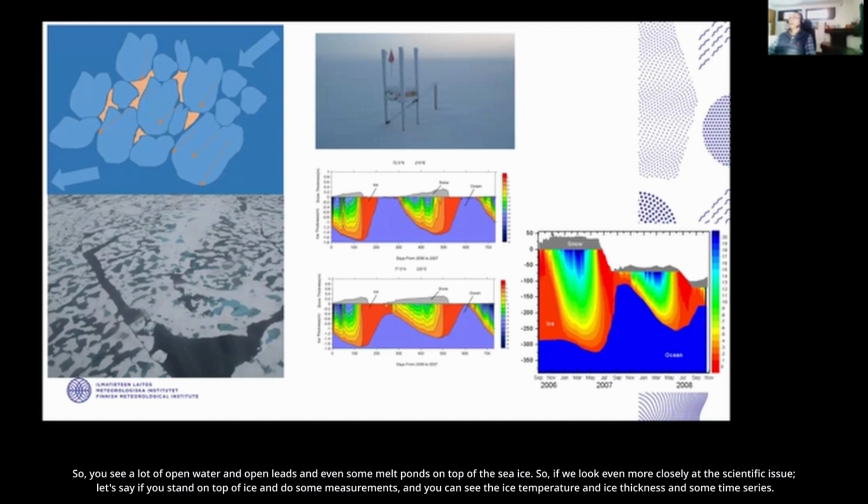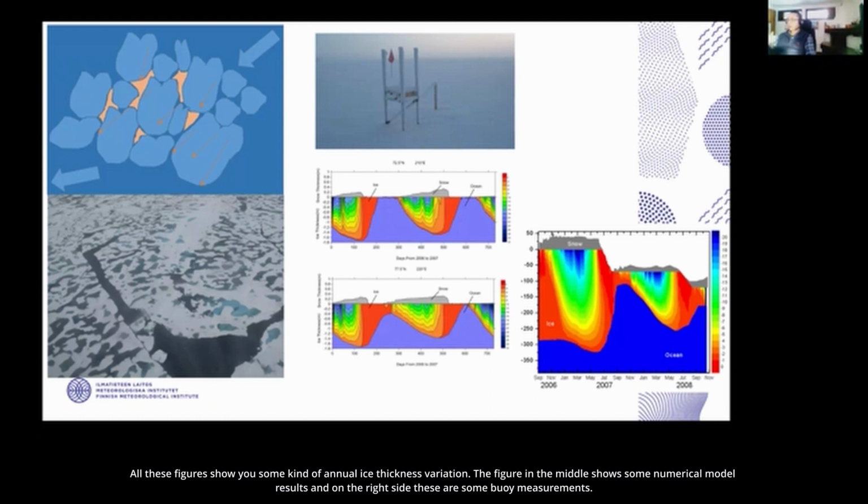If we look even more closely at the scientific issue, say you stand on top of the ice and do some measurements, you can see the ice temperature, ice thickness, and some time series. All these figures show you some kind of annual ice thickness variation. The figure in the middle shows some numerical model results, and on the right side are some buoy measurements.